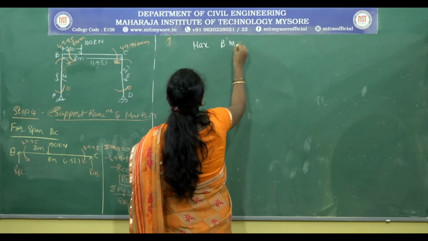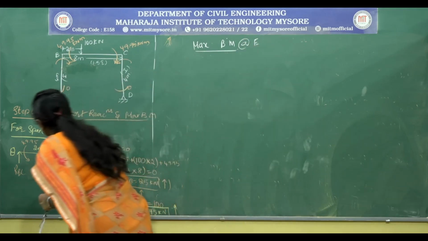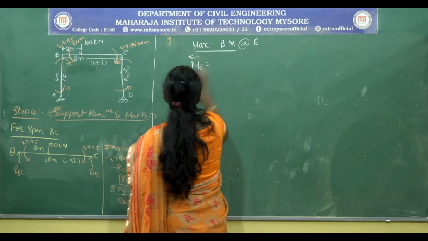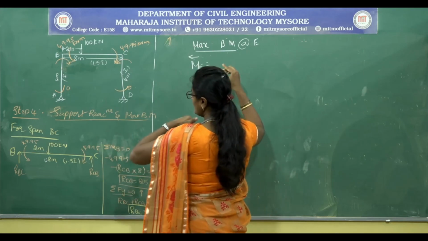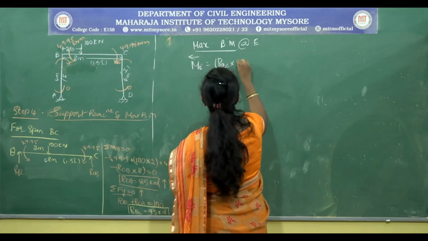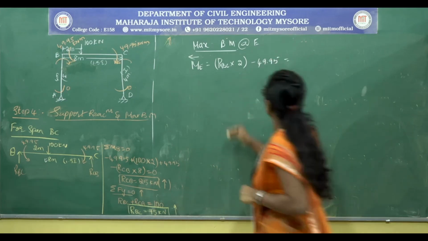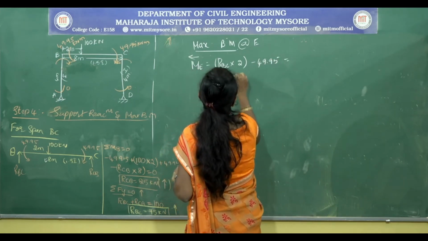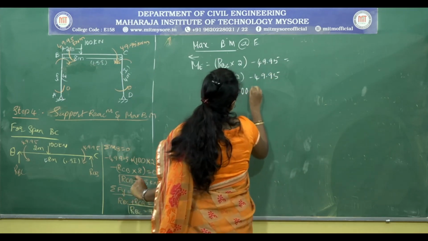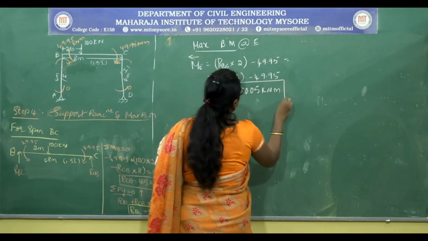The maximum bending moment is at E; I consider this as E. Taking the moment towards the left, RBC is acting in the clockwise direction, so it is positive: RBC into the distance 2 minus 49.95, that is 75 into 2 minus 49.95, which is 100.05 kilonewton meter. This is the maximum bending moment.